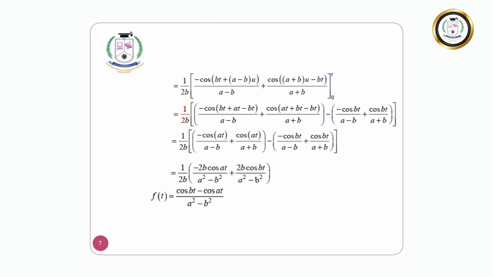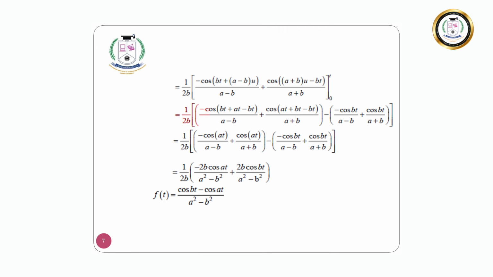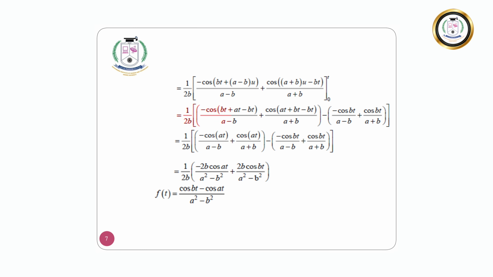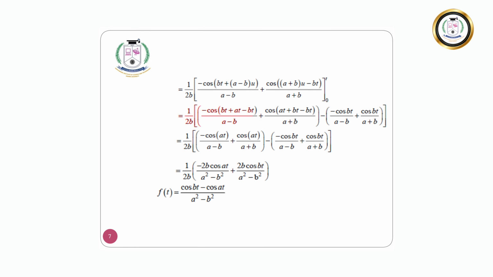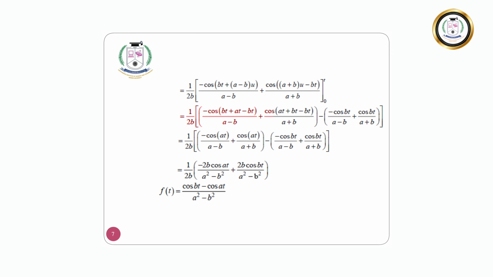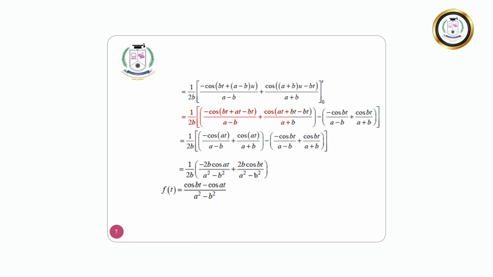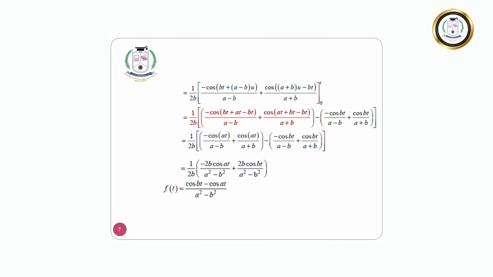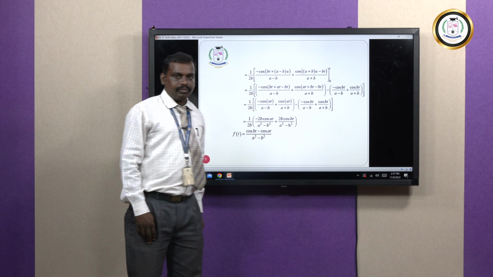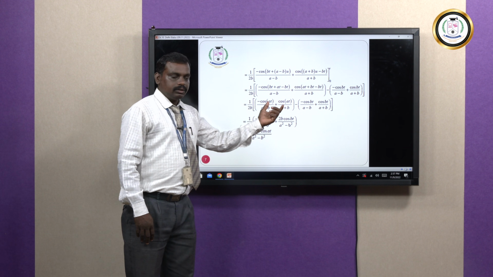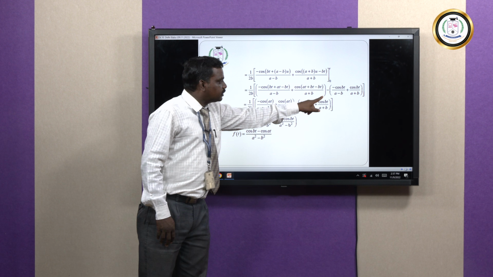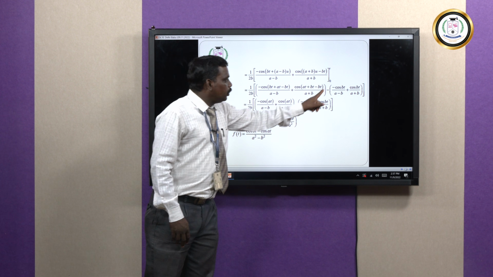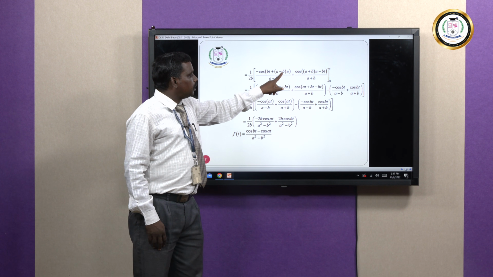Apply the upper limit u = t: we get −cos(bt + at − bt)/(a−b) + cos(at + bt − bt)/(a+b). This is for the upper limit. Before going to the lower limit, put a minus sign. Substitute u = 0. Then this term becomes 0.